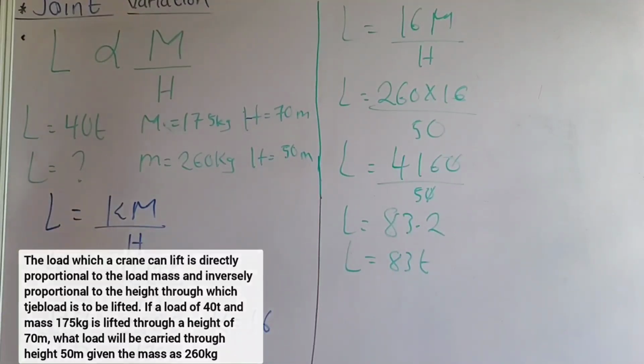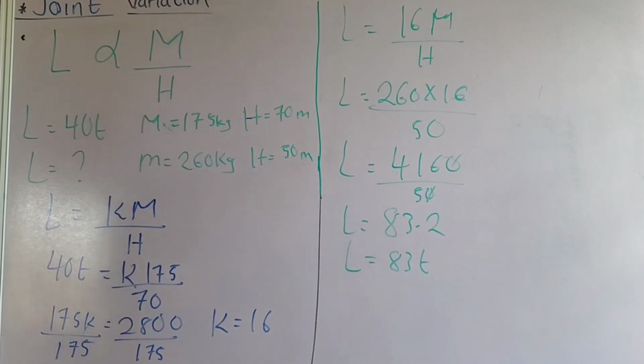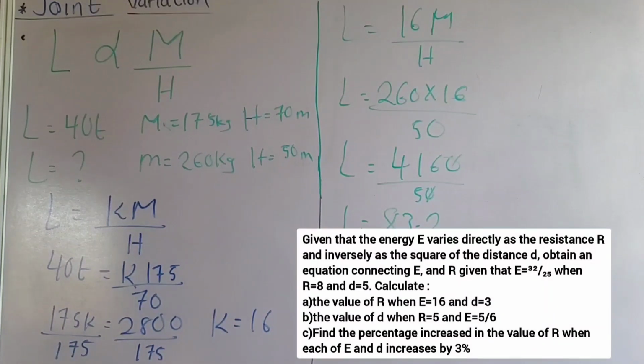Okay, let's look at another question here. Given that the energy E varies directly as the resistance R and inversely as the square of the distance D, obtain an equation connecting E and R. Given that E equals 32 over 25 when R equals 8 and D equals 5, calculate the value of R when E equals 16 and D equals 3.